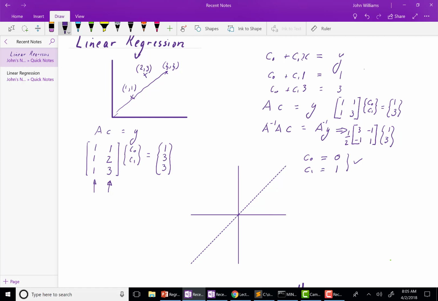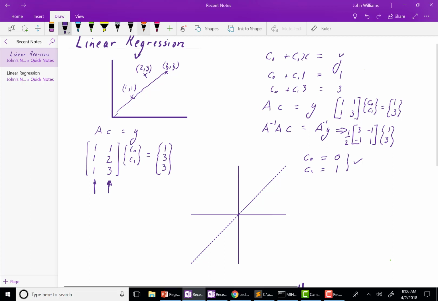What I mean by that is C0 always gets multiplied by this first column here. So C0 times this vector and C1 times this second vector determines a vector space. Here we have a three-dimensional vector, 1, 1, 1. So that's in R3.